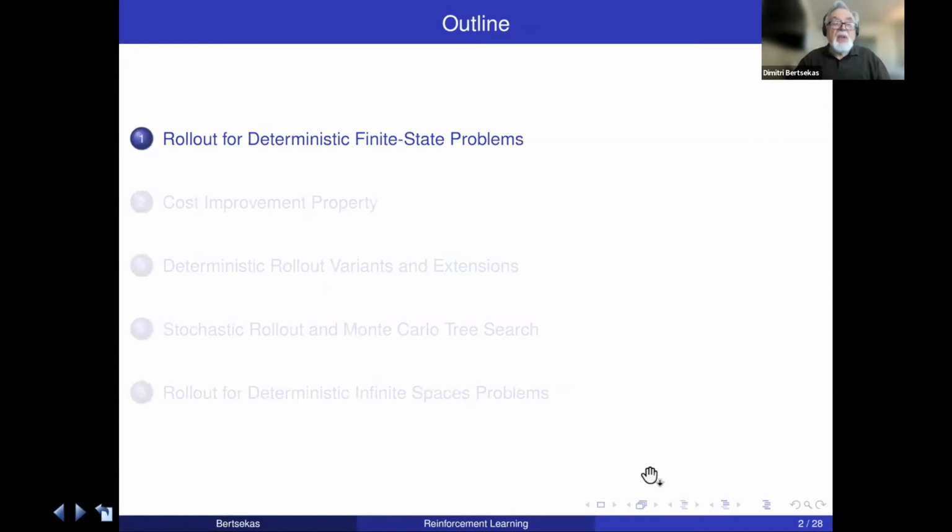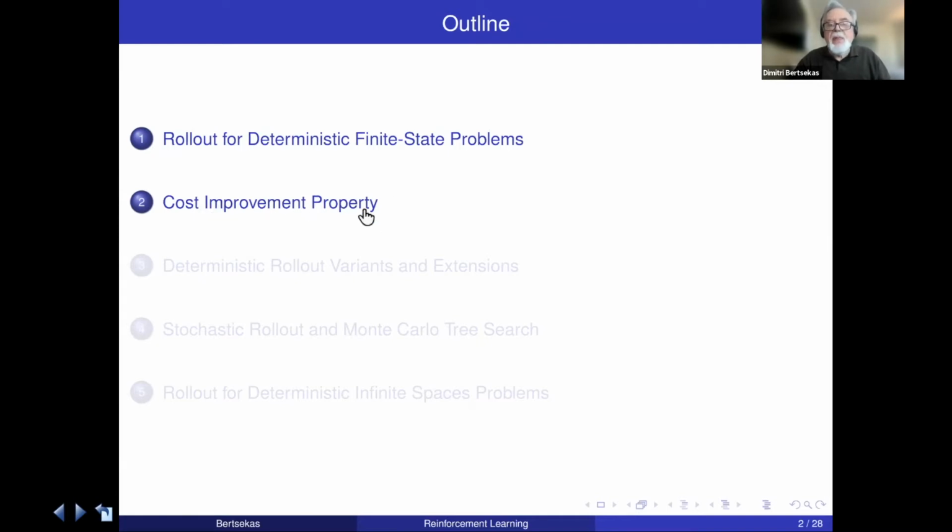So here's our outline. We start with the rollout for finite state deterministic problems like the ones that we have discussed so far with the traveling salesman problem and so on. Then we're going to discuss an important question, whether the rollout algorithm improves on its base heuristic.